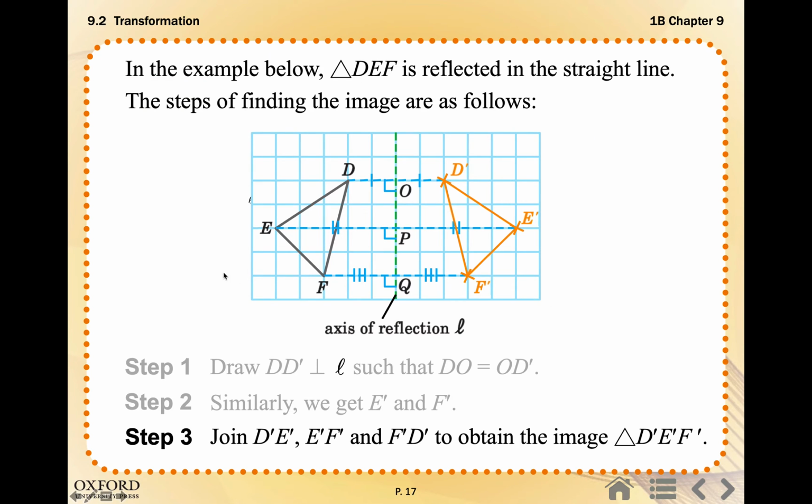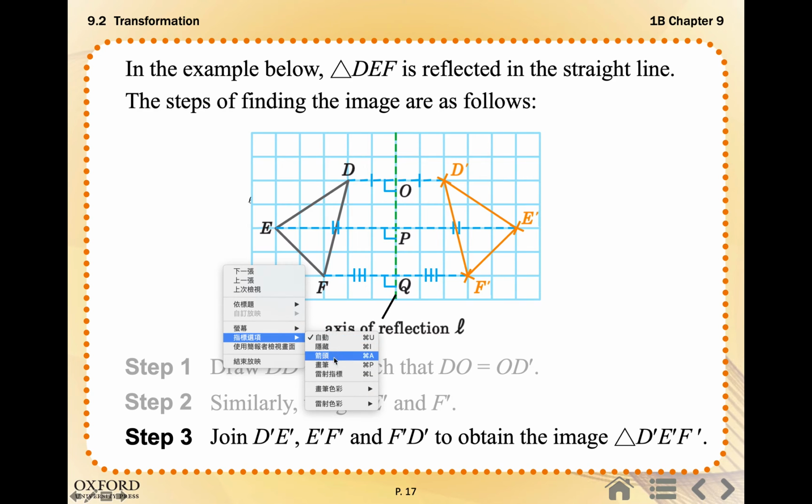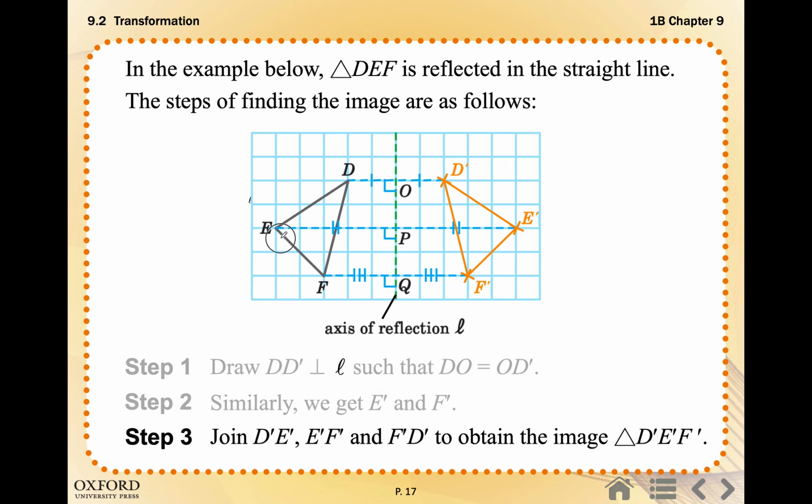I may mark here 5 units. Then you need to count 5 more units, then you can mark the point E dash. And the same for F here, 3 units, and further 3 units here. Then you can mark the point F dash. Then you can join the lines D dash, E dash, and F dash. That is the image after the refraction here.